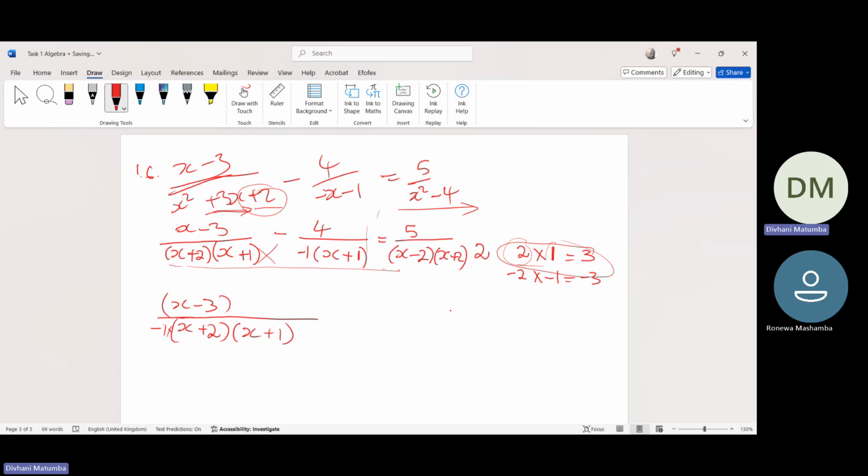If you want to see what you're gonna multiply it with, you take this denominator, x plus 2, and then this x plus 1. You take that denominator and you divide it by the LCD. That's what you must do.